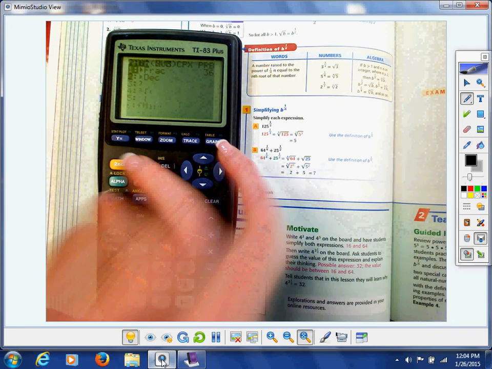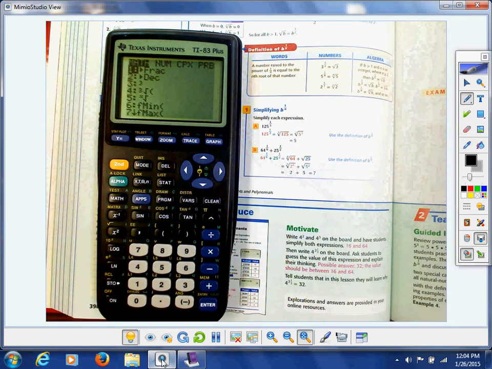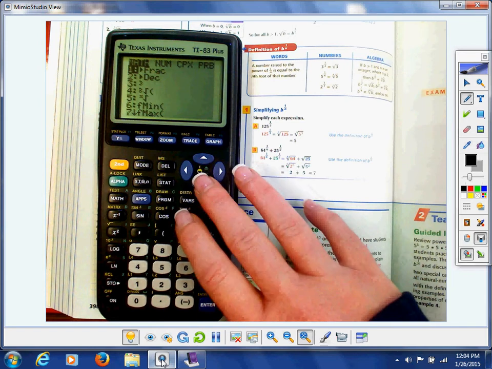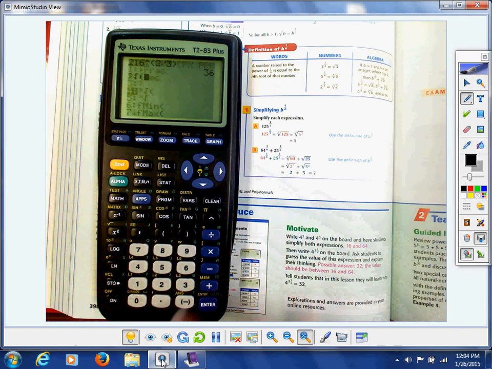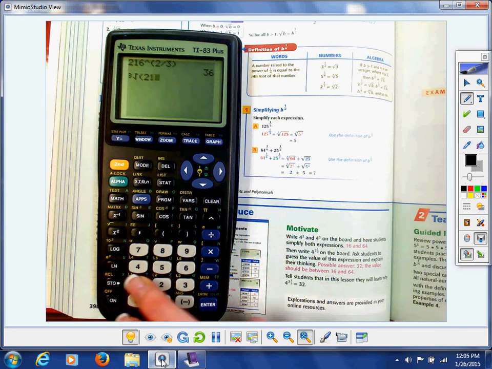So go back to your math button. Remember that math button kind of opens up some things for us, and we can actually take the cube root, arrow down to 4, press enter. Now we want to type in your 216 and hit enter.